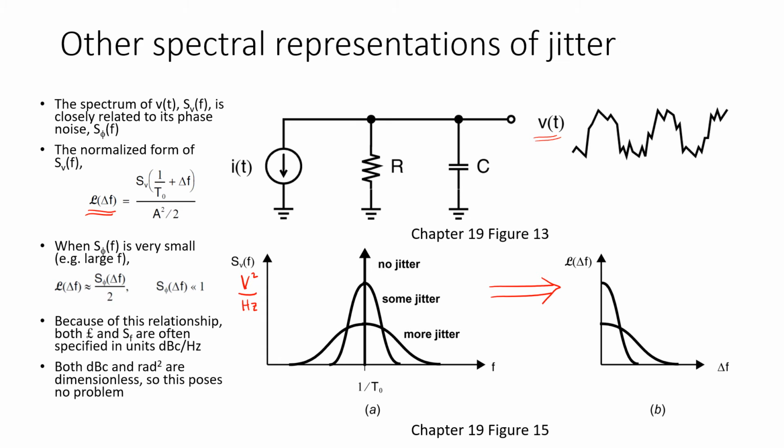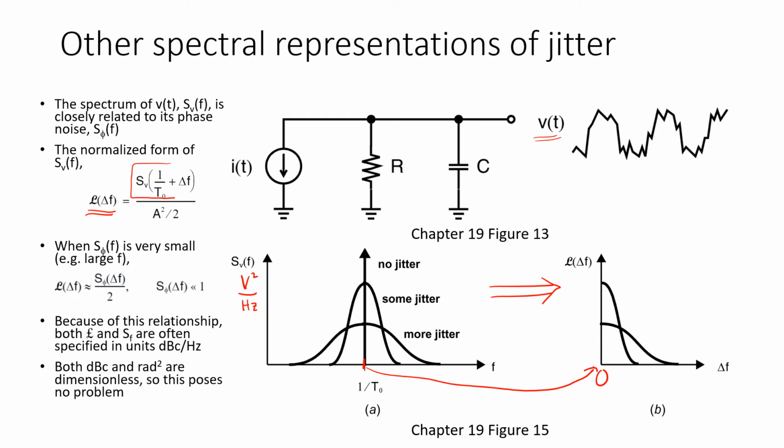So this script L is the spectrum of SV with the spectrum recentered around 0. So we take that whole spectrum SV and shift it down to DC. So that's what we're doing here.